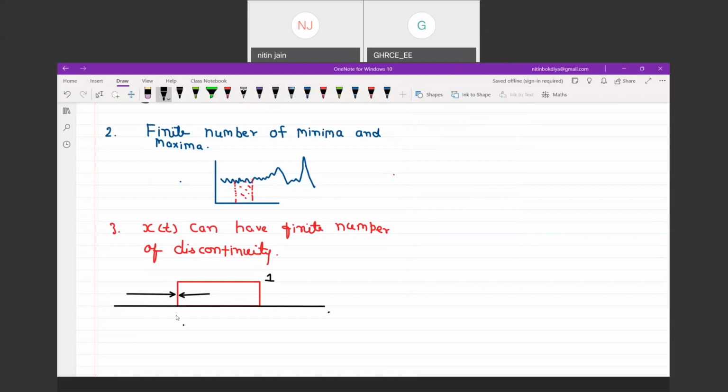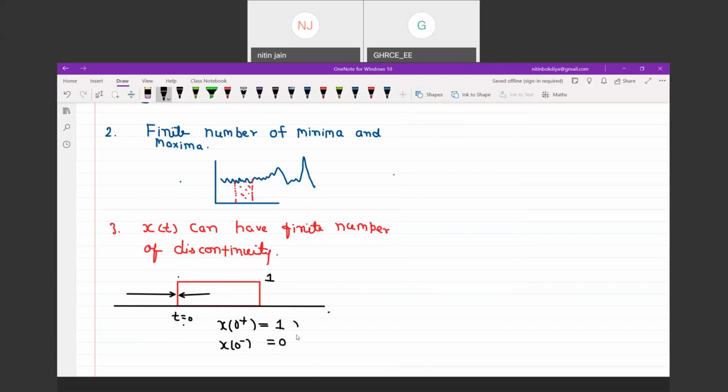Or I can say, the value of the function at x0, let's say this point is t equal to 0. Then what is the value of x of 0 plus? x of 0 plus is equivalent to 1, just beyond the 0. And what is the value of x of 0 minus? x of 0 minus is equivalent to 0.